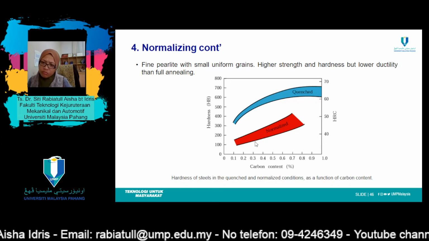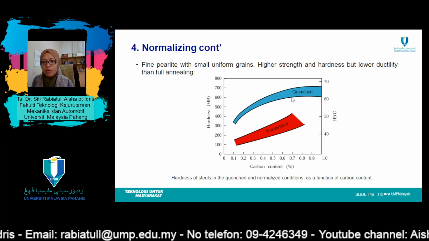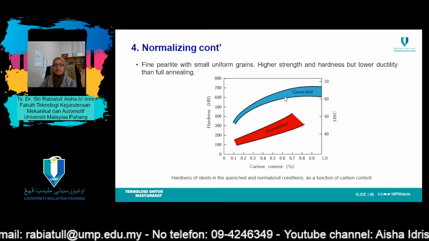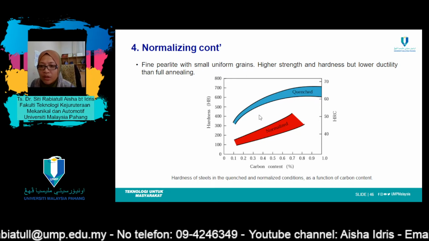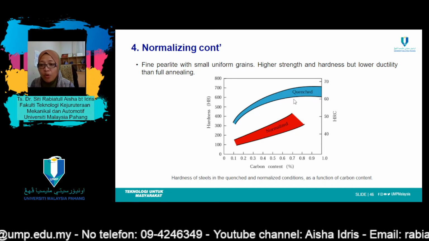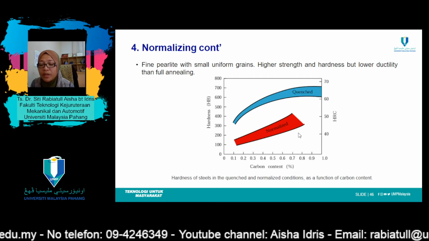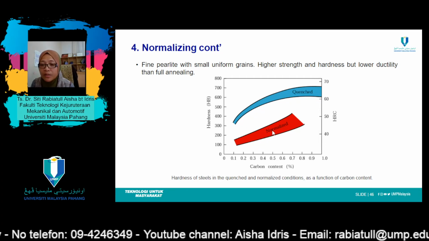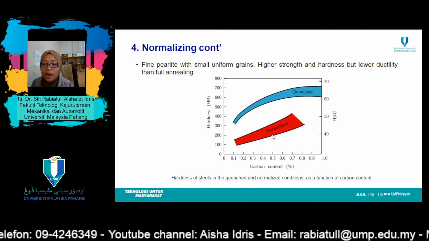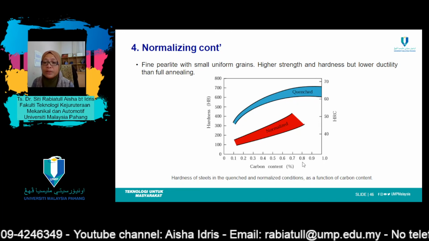Sorry, I'm talking for this case, I'm referring to the quenched specimen and the normalized specimen. So the normalized specimen will have lower hardness as compared to a quenched specimen.